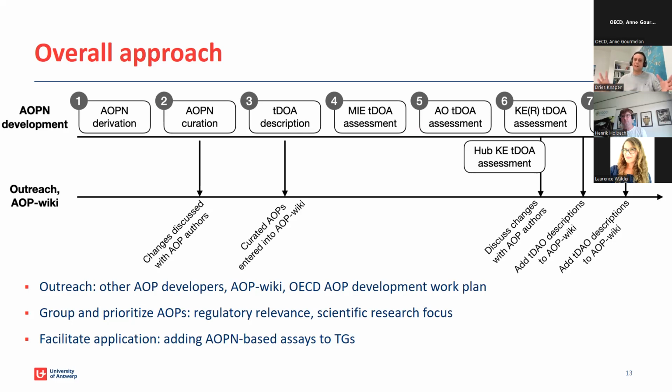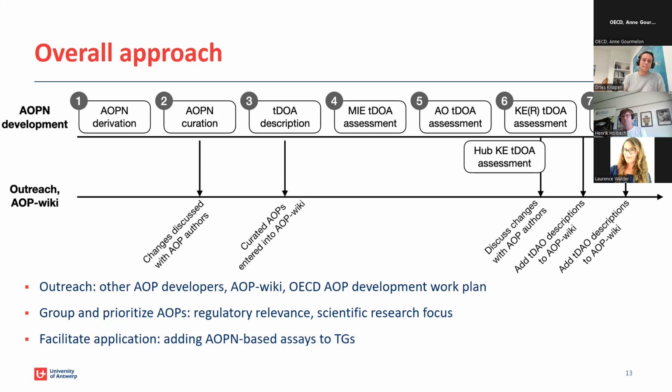We are now moving towards the middle of the network, going through the hub key events to other key events connected to them, and slowly increasing the coverage of the overall network.